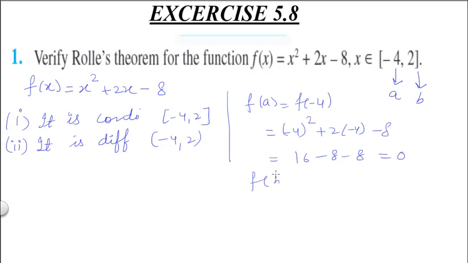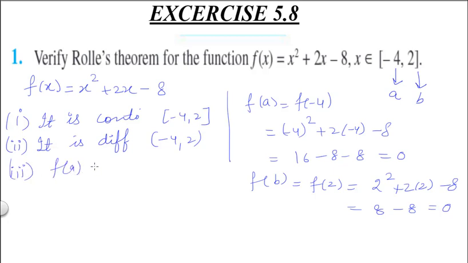Let us find f of b, which is f of 2. Put 2 in the function: 2 square plus 2 into 2 minus 8. So we get 8 minus 8, which is 0. We see f of a and f of b are equal. The third condition is also satisfied. Hence Rolle's theorem is applicable to it. So we will apply it.